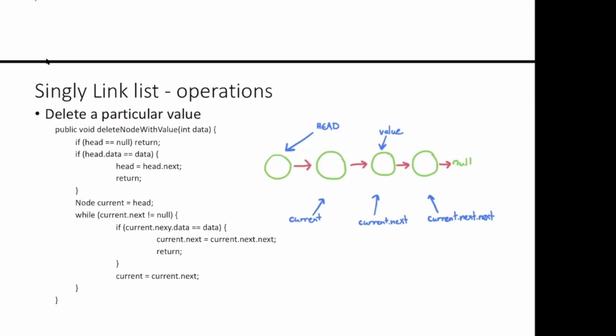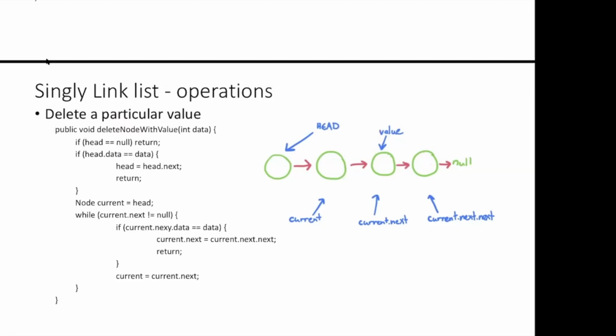While current.next is not null, and current.next.data is equal to the value you wanted, that is what you want to delete. So your current.next will now point to current.next.next.